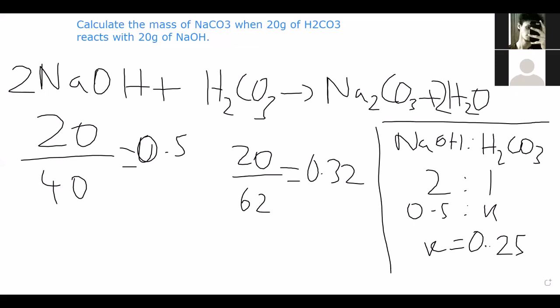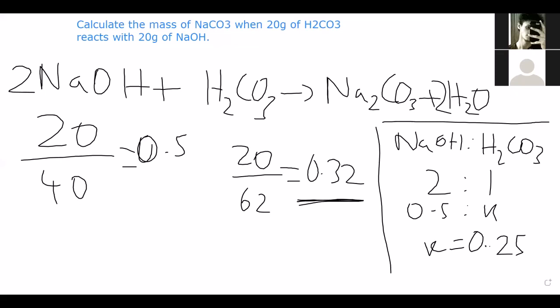So to neutralize 0.5 moles of NaOH, we require 0.25 moles of H2CO3. However, the moles of H2CO3 that we have are 0.32. Therefore, we have more number of moles of carbonic acid than are required. Therefore, carbonic acid is in excess while sodium hydroxide is the limiting reactant.